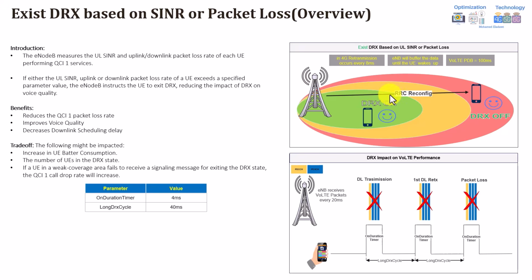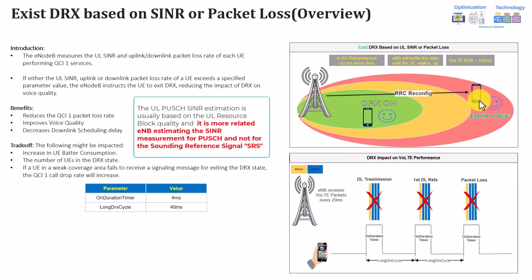So that's what I mentioned here, based on SNR. For example, let's assume that you have a configured value for uplink SNR on the eNodeB side. So you configure this value as 5 dB. The eNodeB all the time is measuring the uplink radio condition of the users, either based on the SRS, if it's being enabled for FDD as an example, which stands for sounding reference signal, or in general estimating the uplink PUCCH SINR.